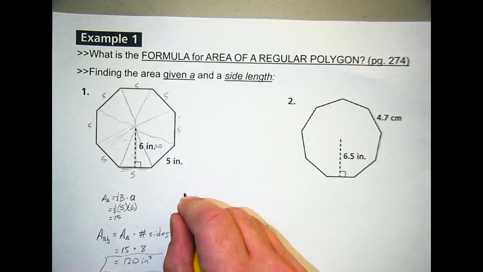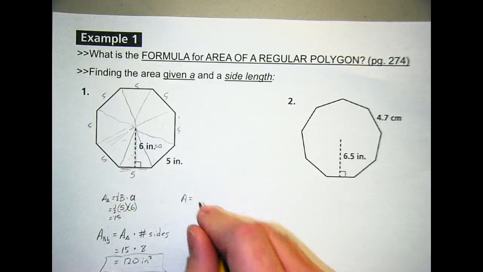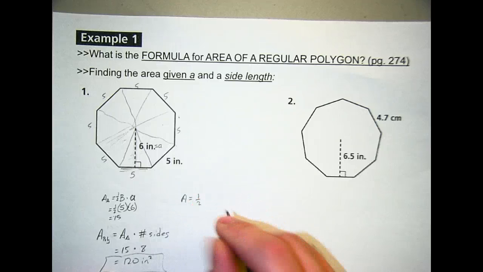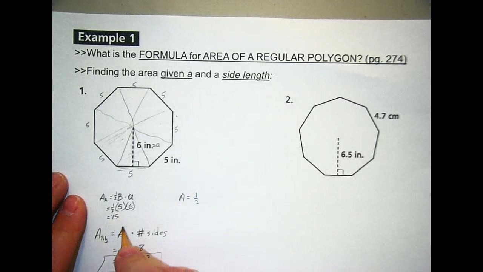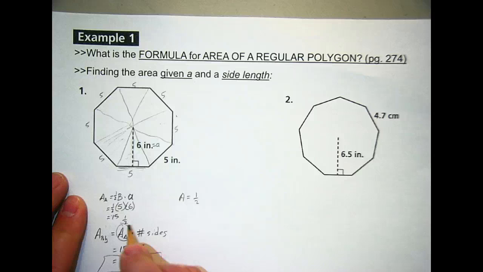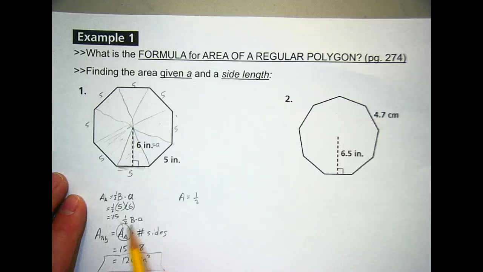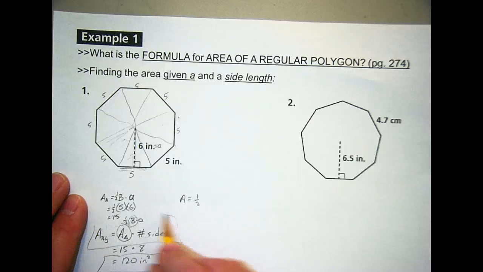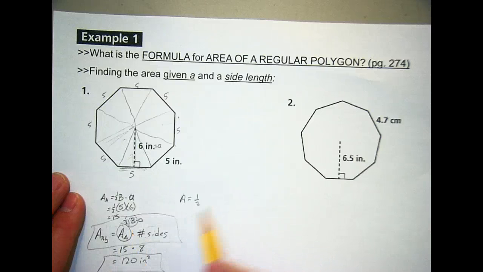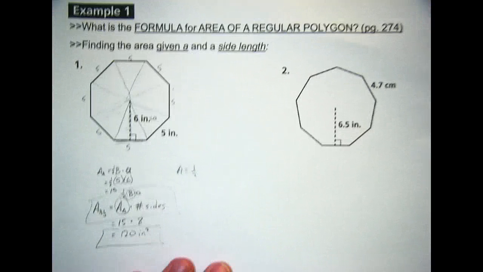The area is equal to 1/2 the length of our base times A. This right here is 1/2 base times A, and then we're going times the number of sides. Well, if we have our base here, how could we generalize, coming up with a general formula using the number of sides and this stuff right here, that we could use every single time?